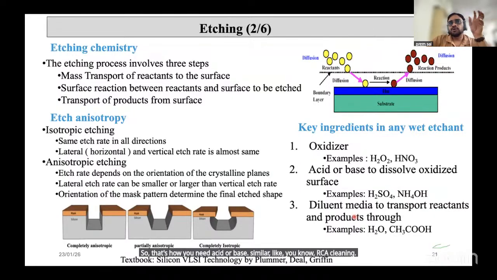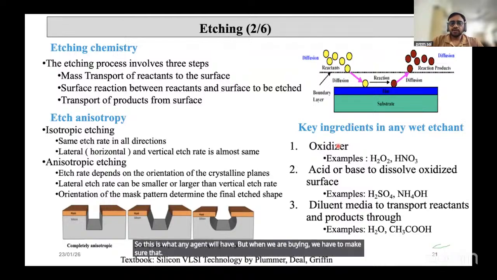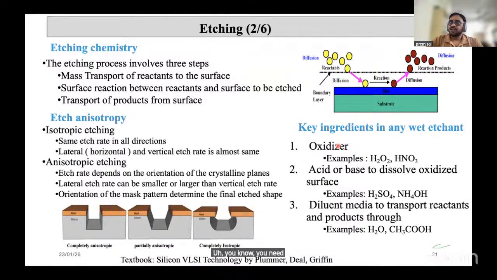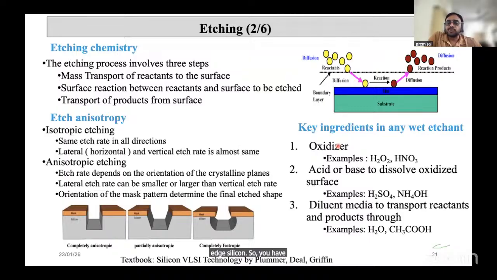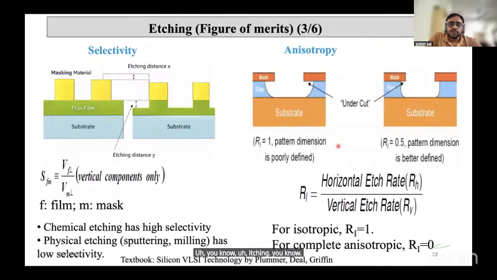Then you need some water or diluted media or weak acid. This is what any etchant will have. But when we are buying, we have to make sure it has good selectivity. Let's say I want to remove SiO2 and I don't want it to etch silicon, so you have to buy such kind of etching solutions.